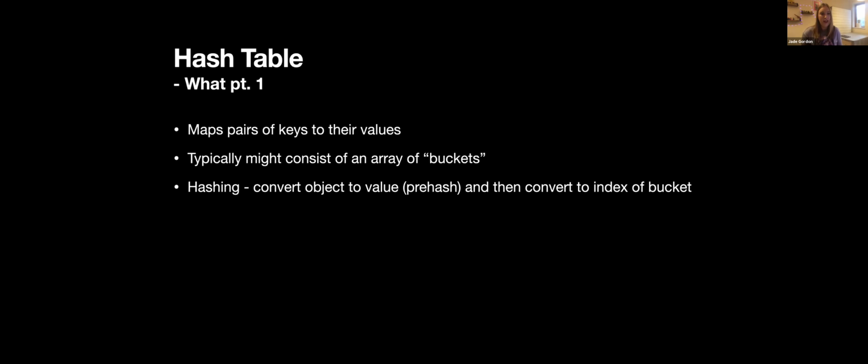So the key for the value goes through a hashing function, and we take the pre-hash, and from that we convert it into the index of the bucket to use. One way to do this would be to just apply a modulus to the hashed key to define the index of the bucket to place that value into.